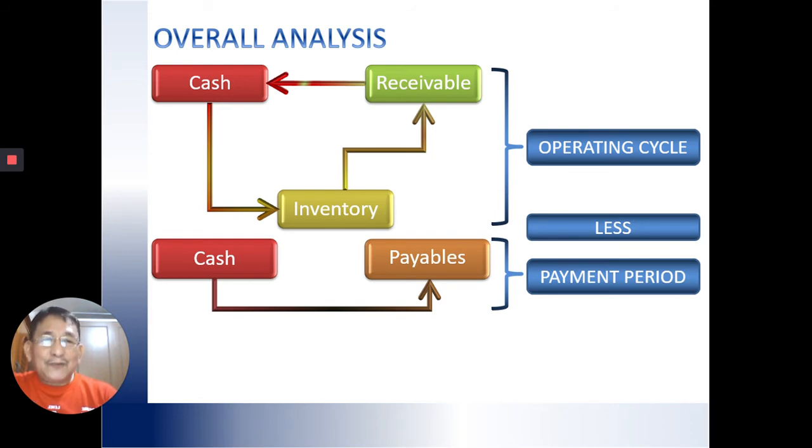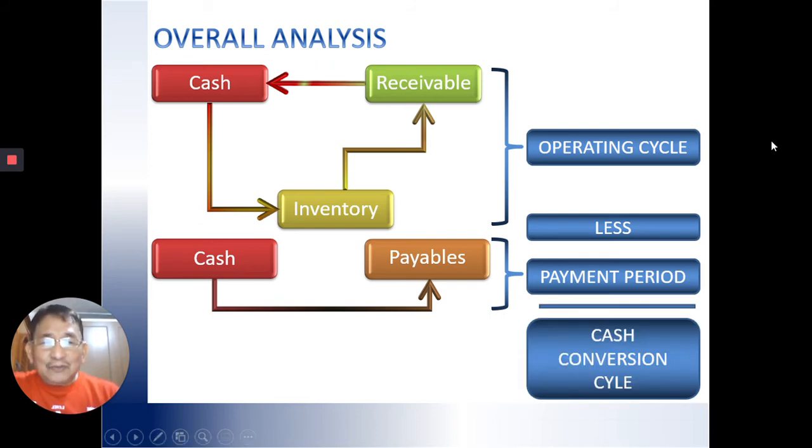Pag ibinawas mo ang payment period against sa operating cycle, kasi kinonvert mo na siya in number of days, ang tawag mo na doon is the cash conversion cycle. So, parang ang computation, in other words, ng cash conversion cycle is operating cycle minus payment period.